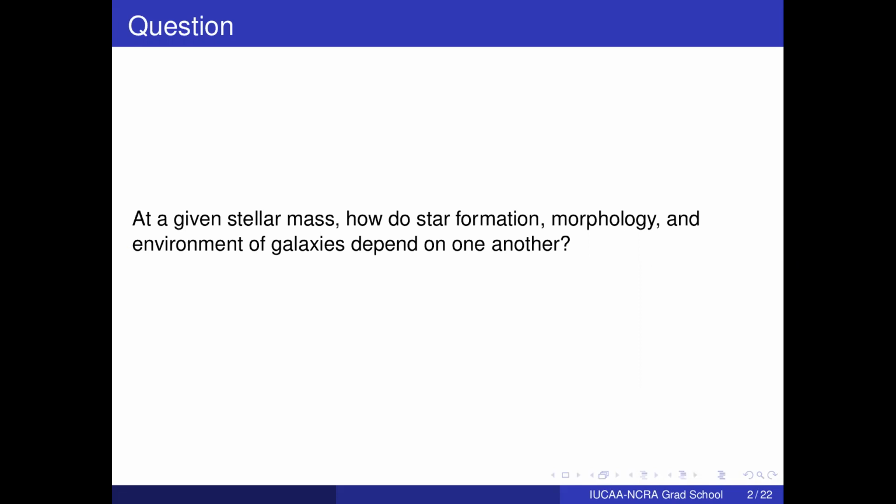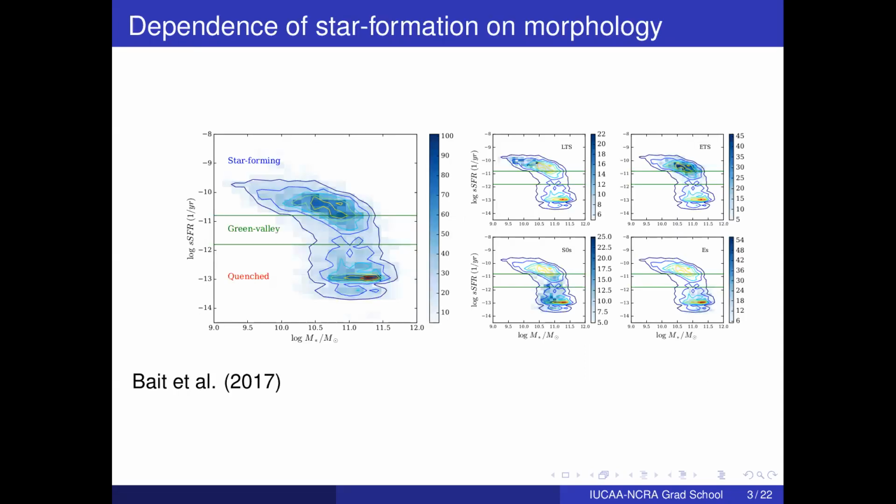So pick a stellar mass. You may say, I will pick only massive galaxies, more massive than say 10^10 solar masses. Then what is the interrelationship between star formation rate, morphology, and environment? These are the three interconnected parameters in galaxy evolution.